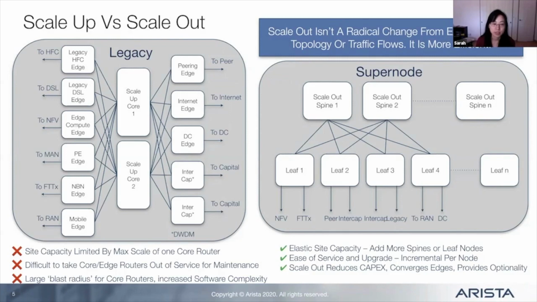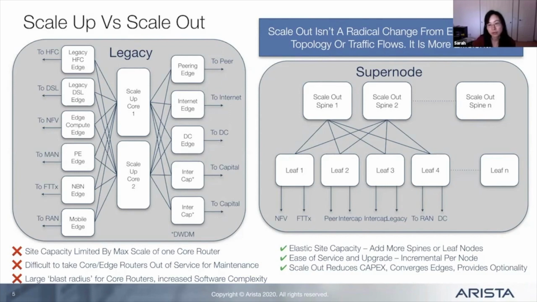If you buy a chassis from one vendor, then you have to buy the line cards from the same vendor. The entire site is limited by the maximum scale of the one core router. The software upgrade is a nightmare. And if you are unlucky and lose 2 cores, then the entire site is gone.